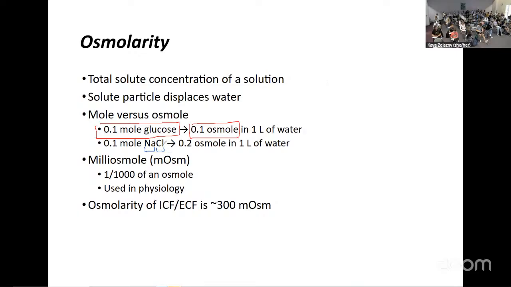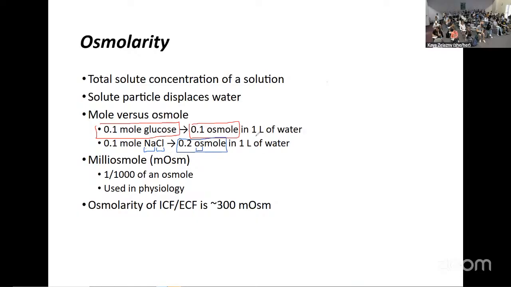So if we're thinking about how we would express the number of solutes floating around in our water, it's going to be double what we had when we were just measuring 0.1 mole somewhere else. This is going to be important for the difference between the moles and the osmoles. We think about the osmoles when we're thinking about osmosis. In this case, our sodium chloride had 0.1 moles of sodium chloride. But when we think about the effects on water, the osmolarity, we got 0.2.